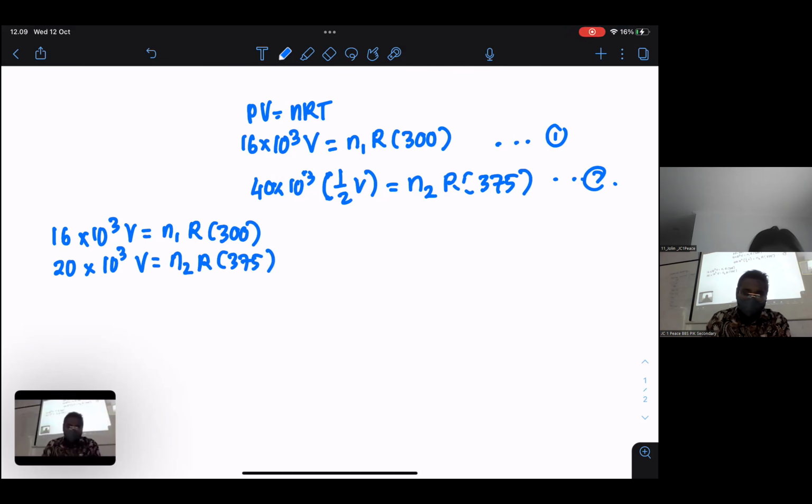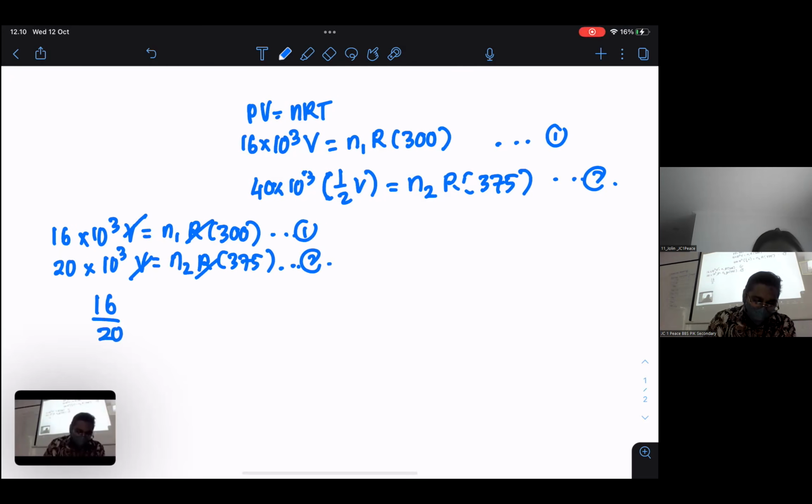If I divide these two, 1 and 2, the V will cancel off. The R will cancel off. I will have 16 divided by 20, the 10 to the power of 3 also cancels, equals n1 divided by n2 times 300 divided by 375.